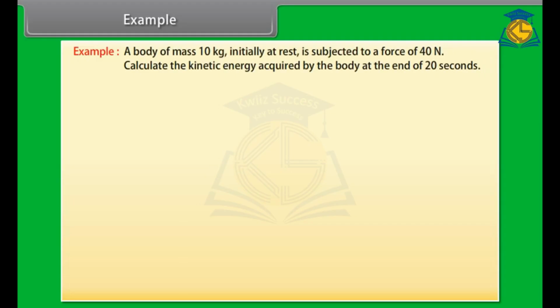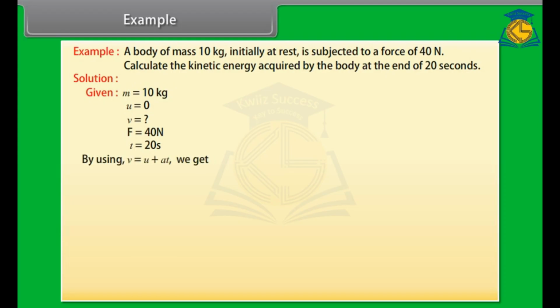A body of mass 10 kg initially at rest is subjected to a force of 40 Newton. Calculate the kinetic energy acquired by the body at the end of 20 seconds. Let's see the solution. Given values are m is equal to 10 kg, u is equal to 0, F is equal to 40 Newton, t is equal to 20 seconds.